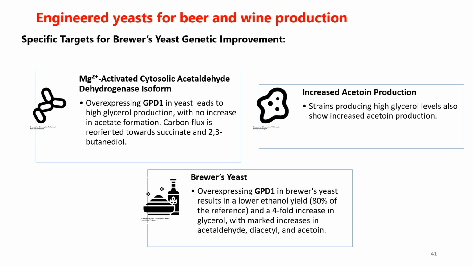Then we have increased acetoin production, where strains producing high glycerol levels also show increased acetoin production. Then overexpressing GPD1 in brewers yeast results in a lower ethanol yield, 80% of the reference, and a fourfold increase in glycerol with marked increase in acetaldehyde, diacetyl and acetoin.